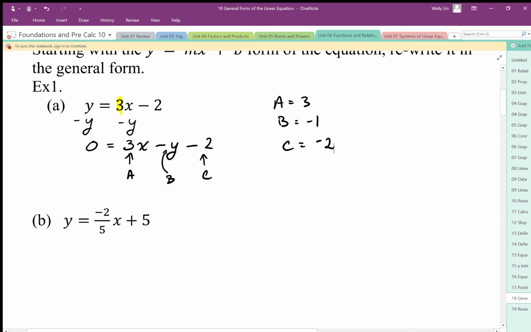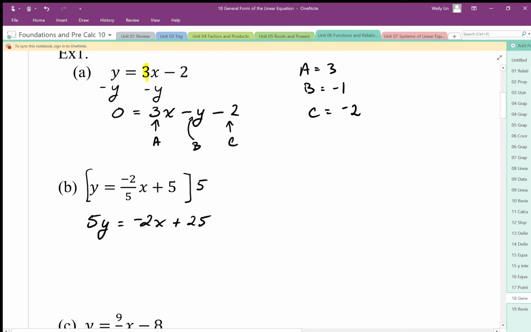So to make a positive and make this a whole number, the first thing I'm going to do is get rid of that divide by 5 with a times 5. So I end up with negative 2x plus 25. We need to keep the coefficient on x positive, so instead of moving the y's to the right hand side, I'm going to get rid of the x on the left hand side, and we're going to end up with x's on our right hand side.